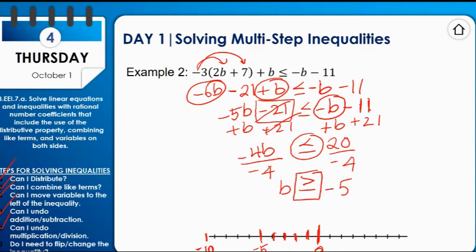The inequality says or equal to, which means I should have a closed circle. At what value? -5. Closed circle at -5. All the values that are greater than -5 are in this direction.